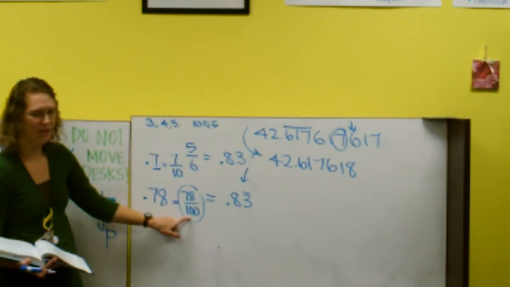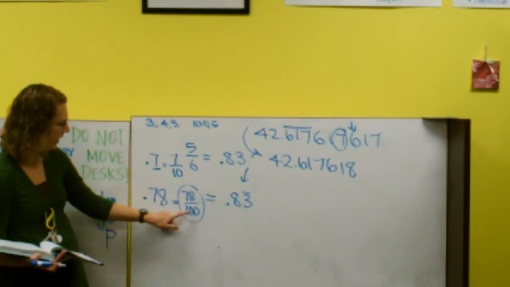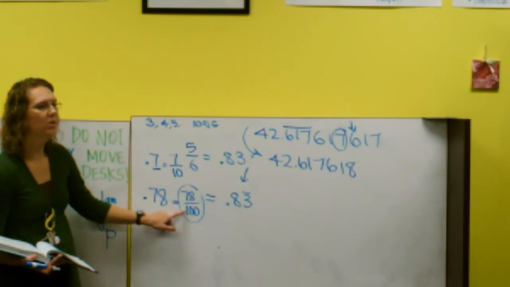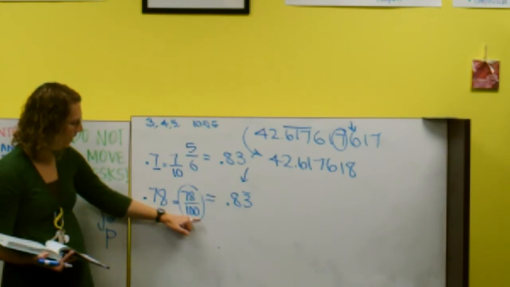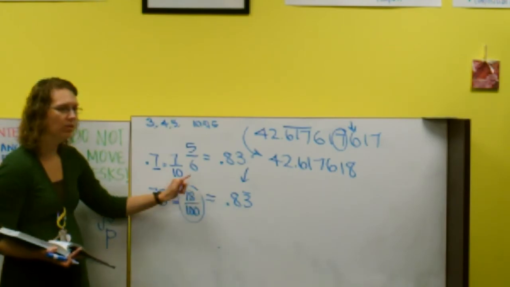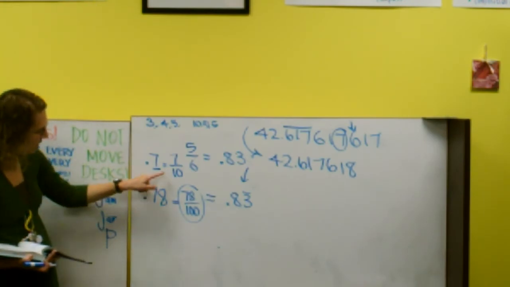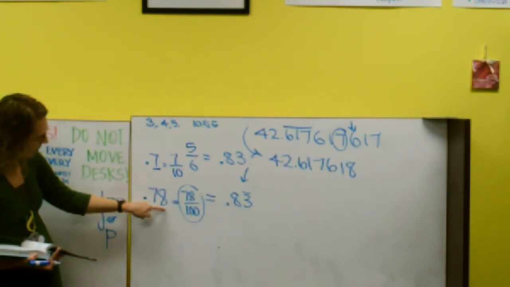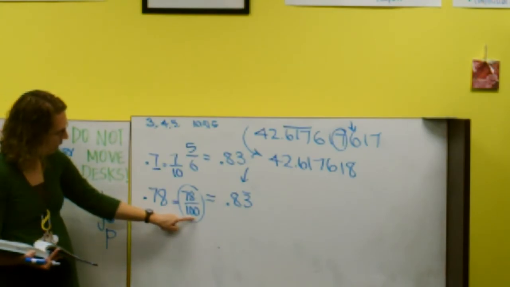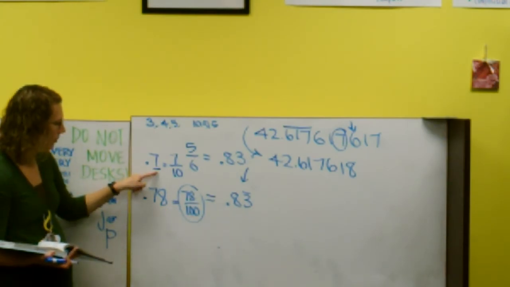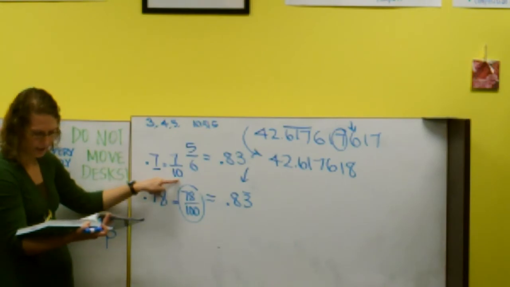Okay, 2 would be the easiest first step. I'm not going to make us do that right now, but you could reduce this one by 2. When it says to show me the fraction, if it can be reduced, you do need to reduce it. So we took 78 because that 8 was in the 100th spot, so it goes over 100. That 7 was in the 10th spot, so it goes over 10.